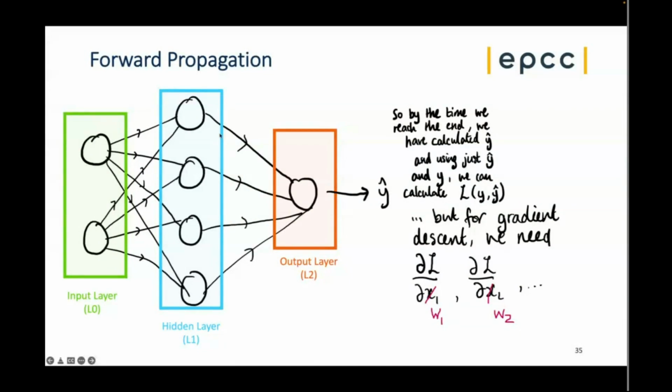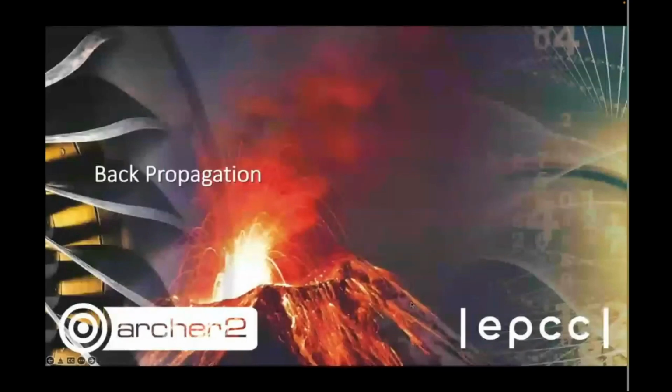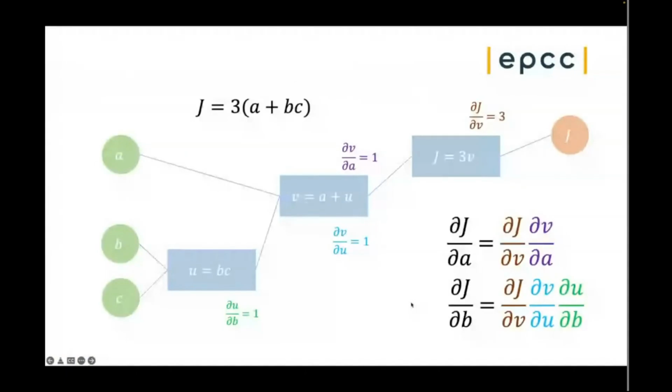But we are trying to fix all of the weights throughout the whole graph, because we need all of these. And to get at the earlier weights, we need to move backwards. This is maybe at a slightly high level because it's only on the computational graph, but the principle holds exactly the same way.